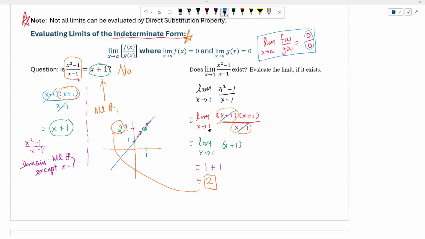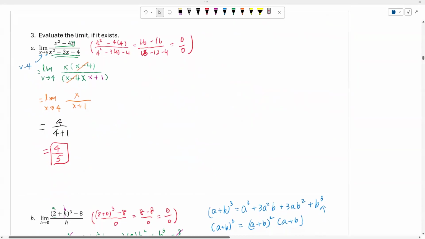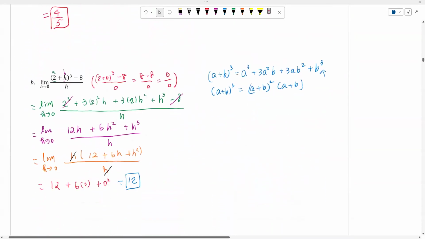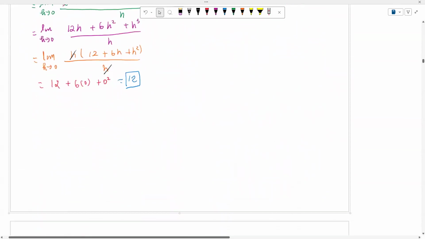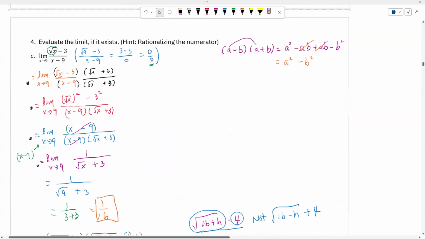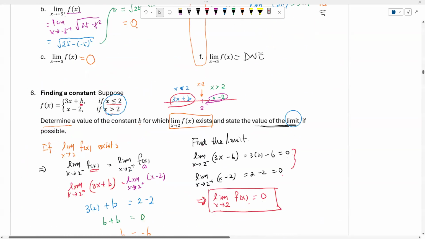We have this indeterminate form. Then again, remember we have 3 ways to solve the problem. One is we factor it out and then simplify. Second, we expand it out and then simplify. Or maybe we could work with the conjugate pair, and again simplify it.